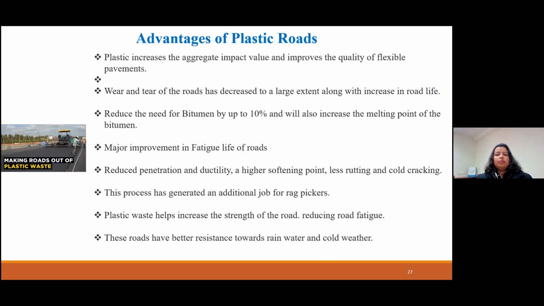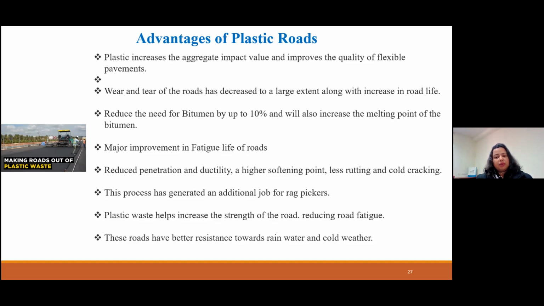So we are increasing the impact value, decreasing the abrasion, enjoying a higher fatigue resilience, great wear and tear performance, lesser use of virgin asphalt or bitumen, and reduced penetration and ductility, higher softening point, very less rutting, very less stripping and pothole emergence on these pavements, and increasing the strength of the road because these aggregates have an increased strength and compressive strength performance.